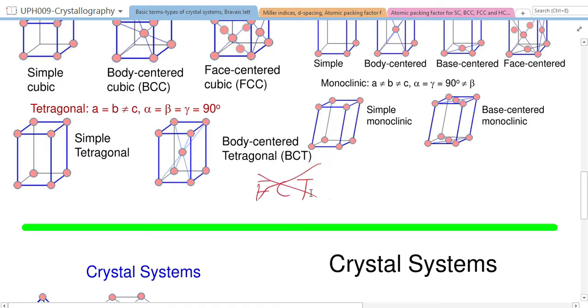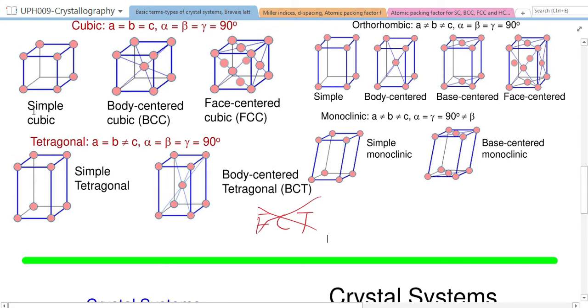You see here, for the cubic system you have BCC, so it's like BCT, and then you have FCC. So for the cubic system, FCC, face-centered atoms are there, but for the tetragonal, there is no such Bravais lattice. Question is, why?